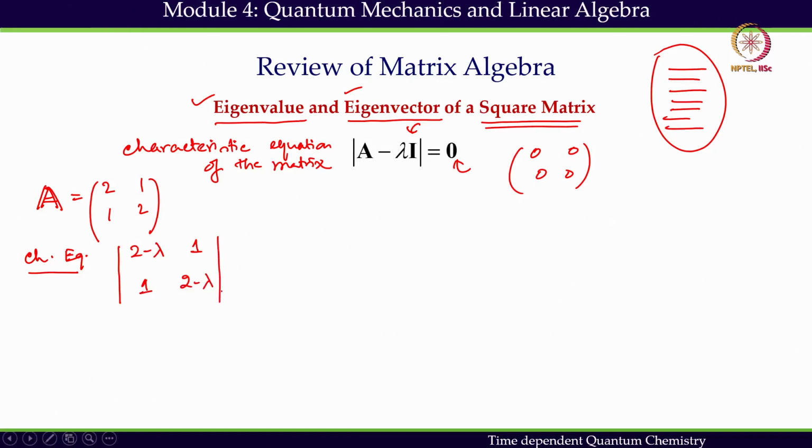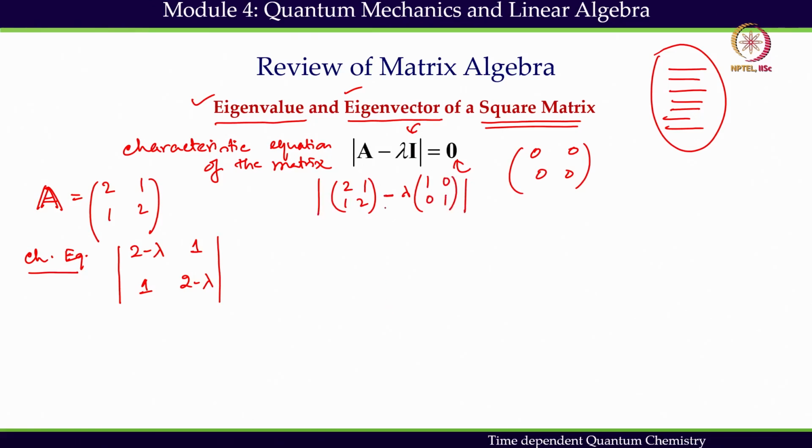This is the characteristic equation. Why is it so? Because A is 2 1 1 2 minus lambda multiplied by the identity matrix or unit matrix, which is given by 1 0 0 1, then its determinant.